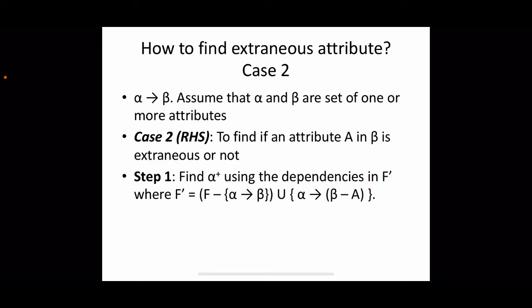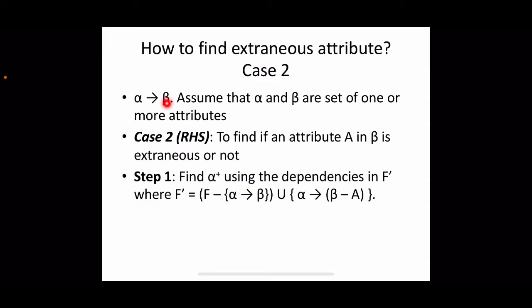What is actually F dash? F dash is F minus alpha determines beta, union alpha determines beta minus A. So we will change or modify this F. What we are doing, we will remove this dependency from this F. Instead, we will add another dependency in which the right hand side will be the remaining part of beta.